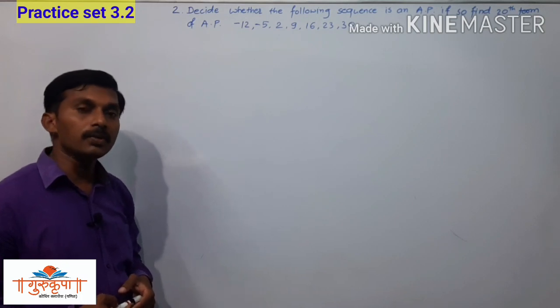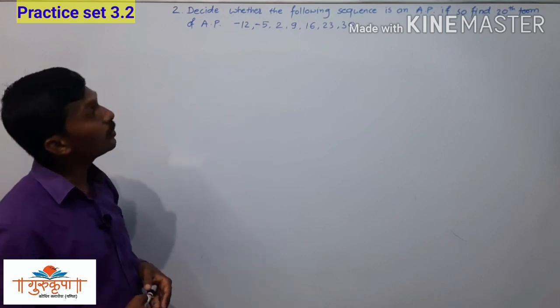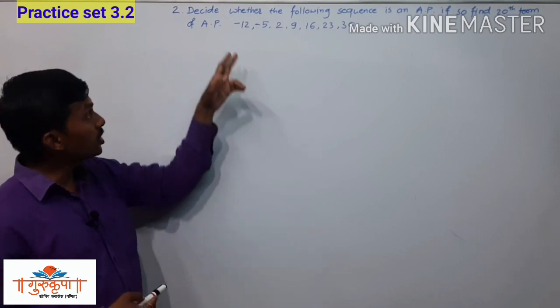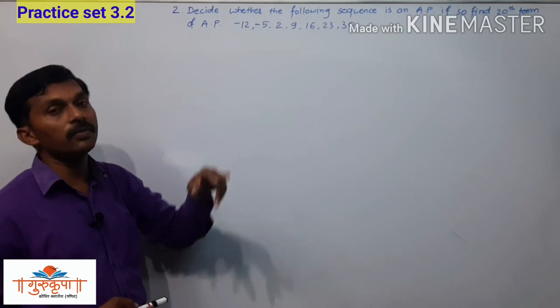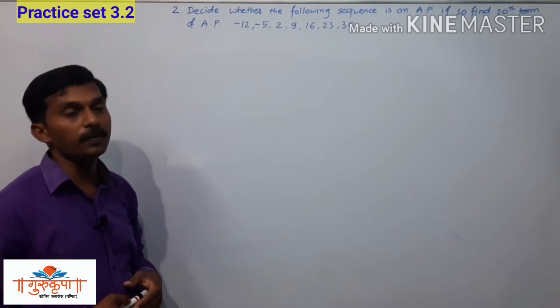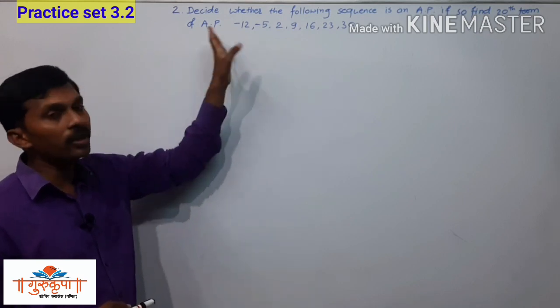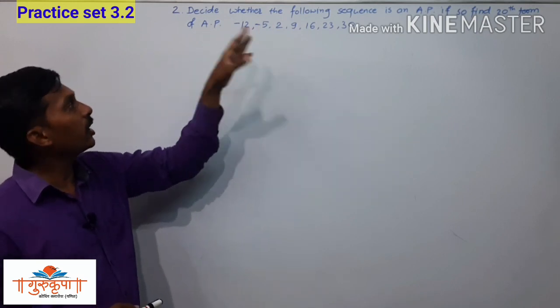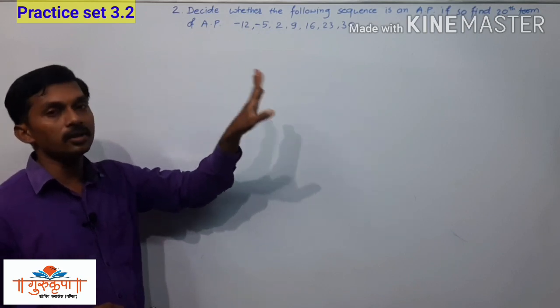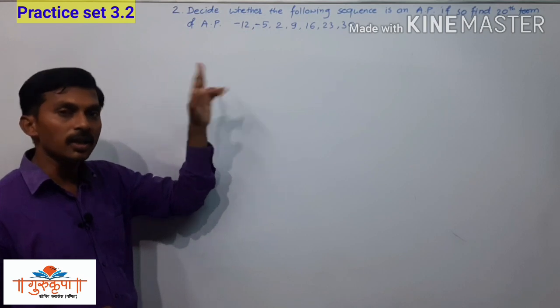First, we have to decide whether it is an AP or not an AP. And if this sequence is an AP, then we have to find the 20th term of that AP. If it is not an AP, then we do not have to find the 20th term. We have to find the 20th term only if it is an AP.